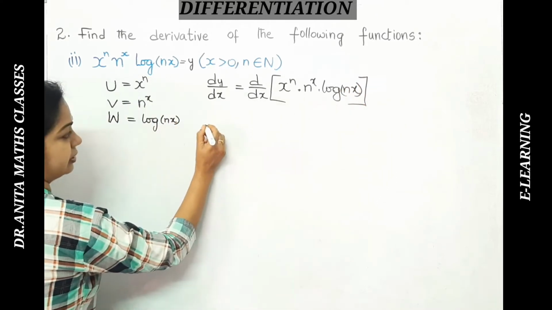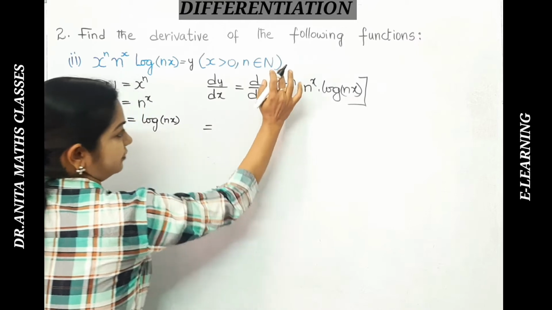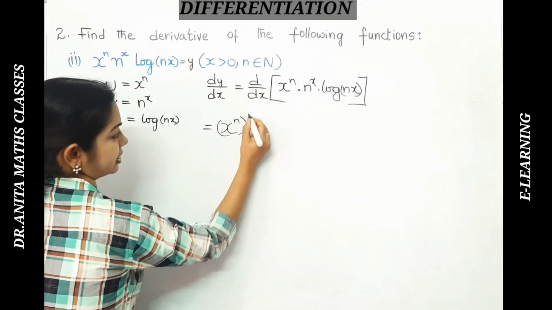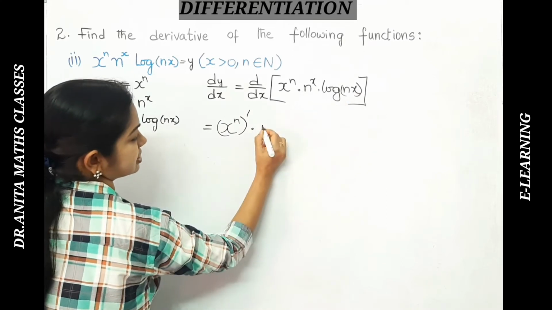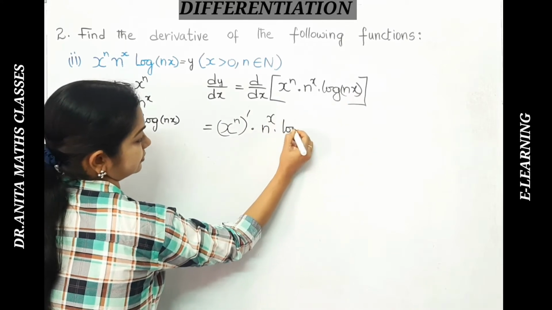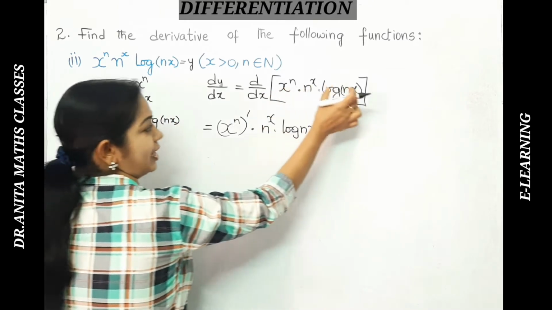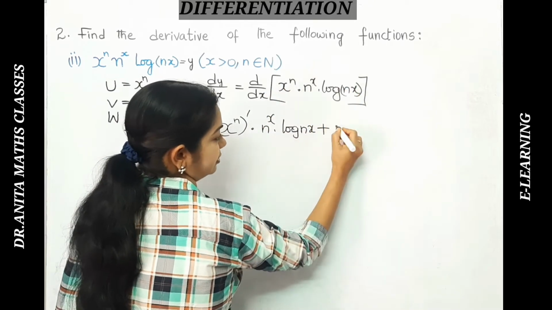Here first we will do the differentiation of this. Let me write that. x to the power of n dash and the remaining two functions as it is, then plus these two as it is, and the second function we need to differentiate.